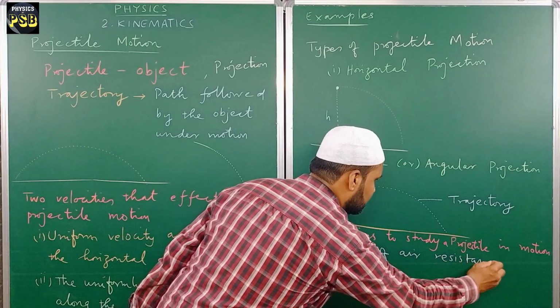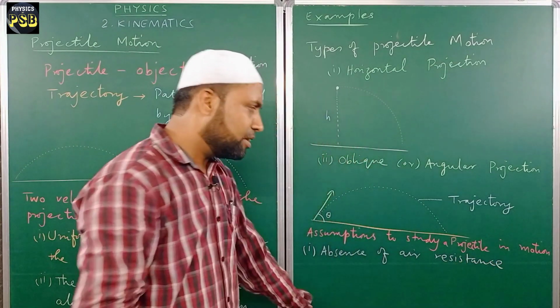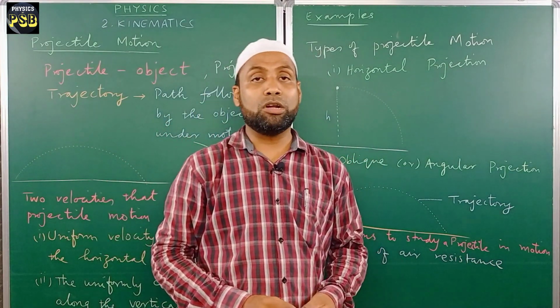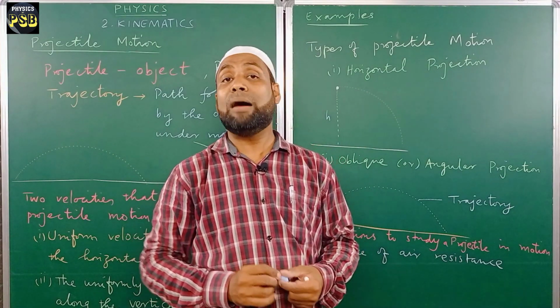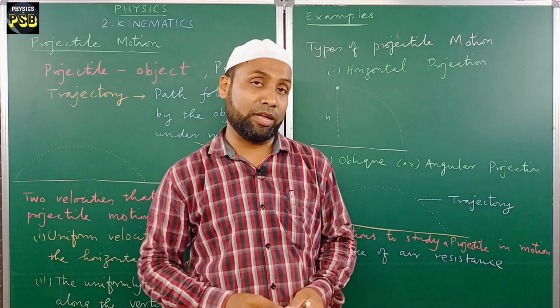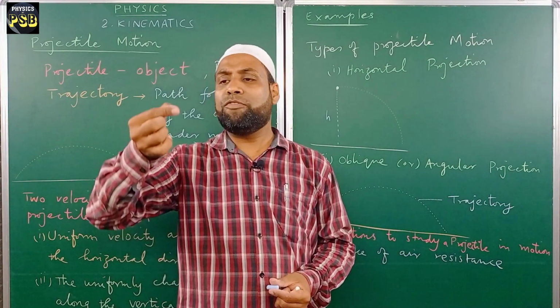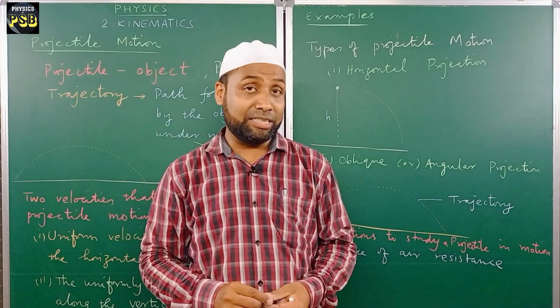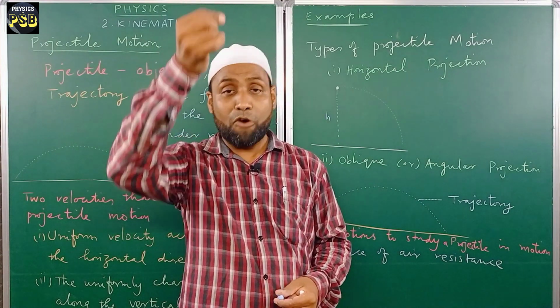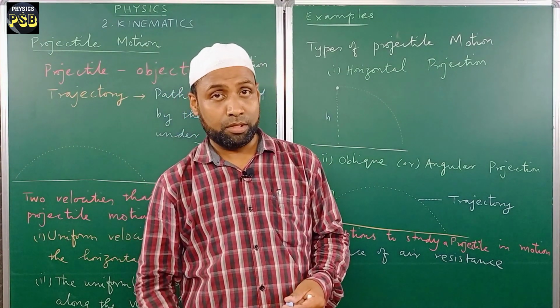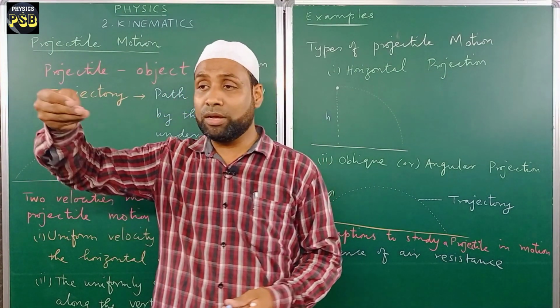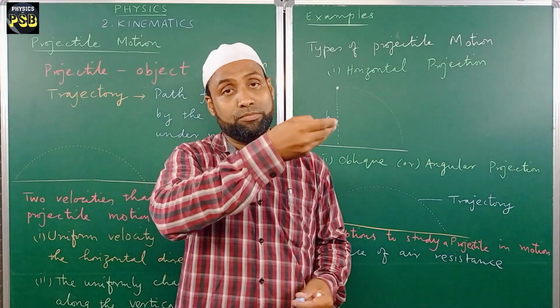So what is this air resistance? Air resistance is nothing but opposition to the movement of an object by the air present in the surroundings. Suppose you might have observed, if we drop a feather from a certain height, it does not fall straight. Instead, it starts moving to and fro.